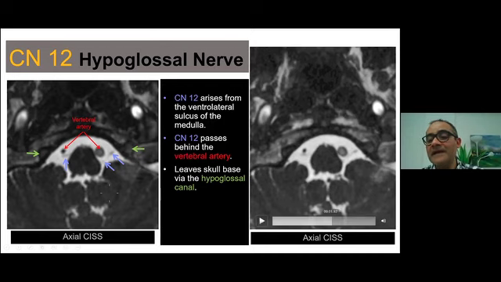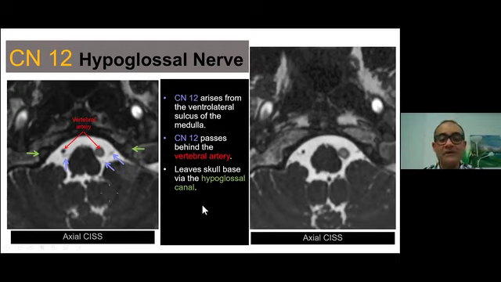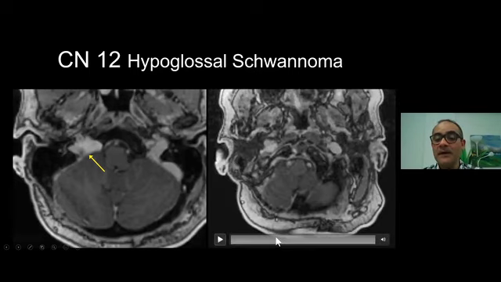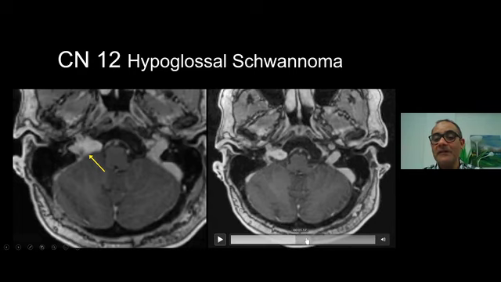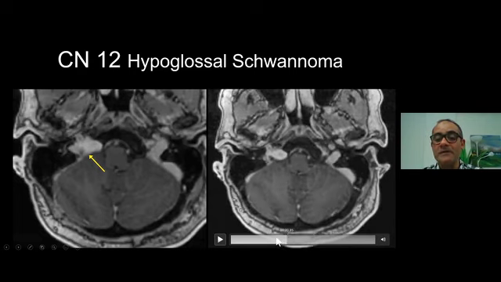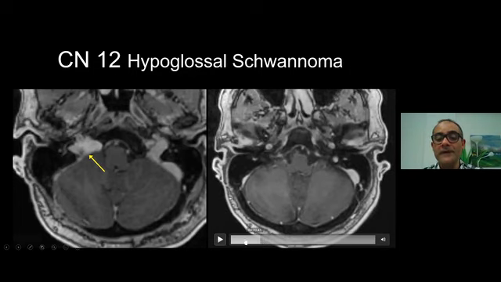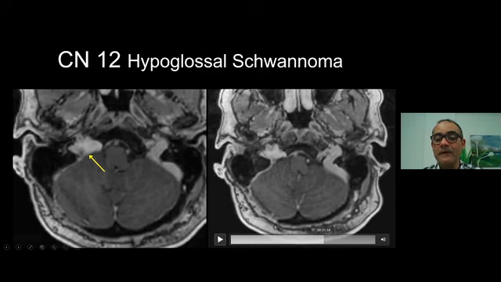But when it exits here, as you can see, through the canal, this could be a helpful feature. As you see in this case, this is another case of hypoglossal schwannoma, but I would show you how it was kind of easy to make this diagnosis, because when you scroll here, trying to find where the hypoglossal canal is, I think you'll be able to see this part here.